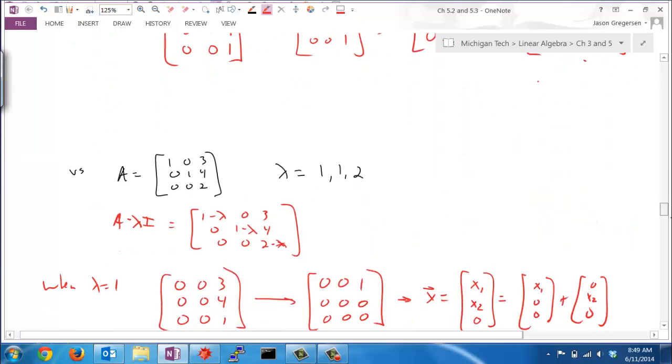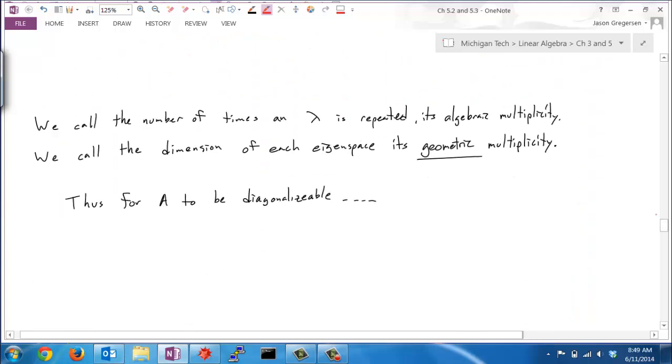We're going to say the number of times an eigenvalue is repeated is called its algebraic multiplicity. Algebraic multiplicity. The dimension of the eigenspace, in other words, the number of basis vectors in the eigenspace, that's called the geometric multiplicity.